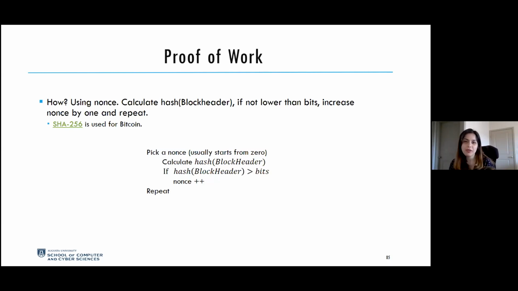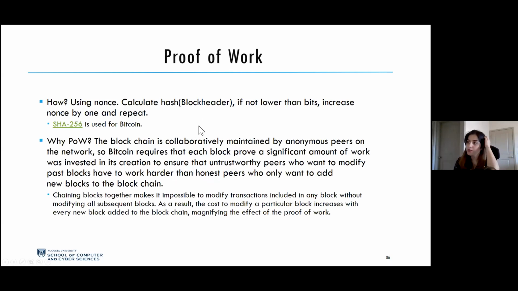But now a question may come: why do we have to use a lot of energy, a lot of power to do so? There are a couple of reasons, but the most important one is we want to prevent attacks. We want the trustworthy peer to do some work to get the reward, and also to prevent adversaries or attackers from being able to modify the previous blocks.